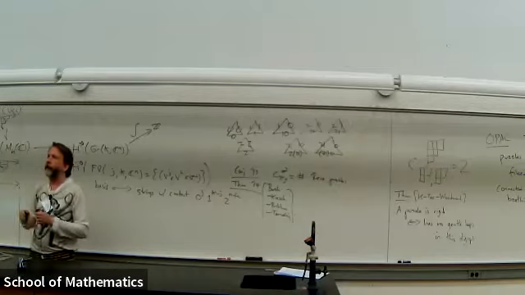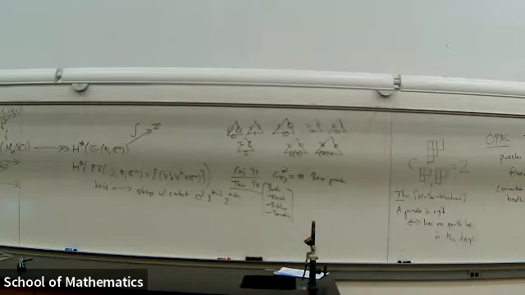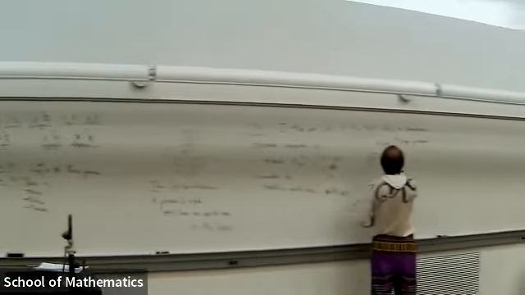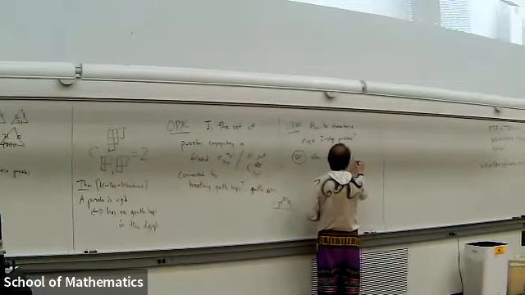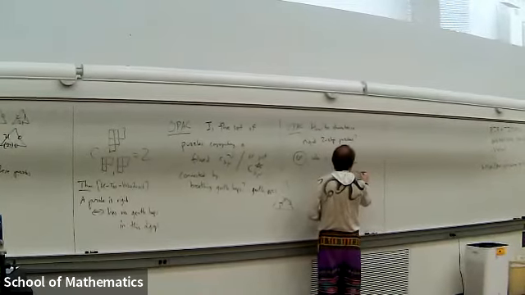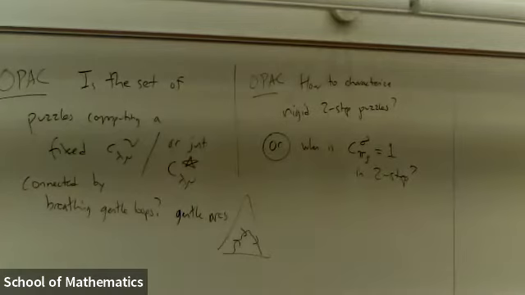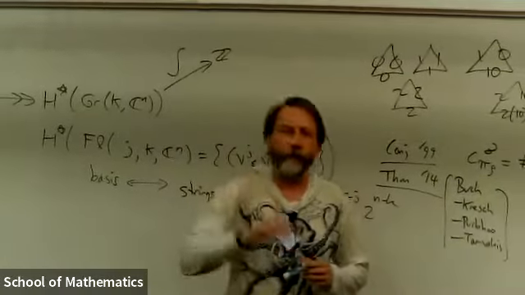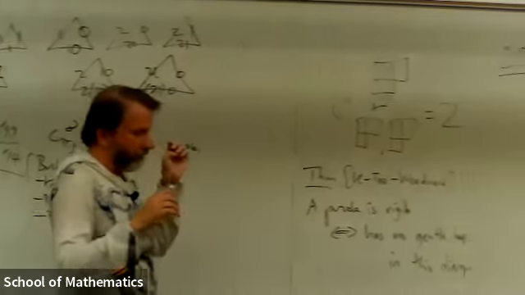That's what I'm taking as the definition. So I'm asking, when is C pi rho sigma equal to 1 in the 2-step case? So that's where I'm heading.